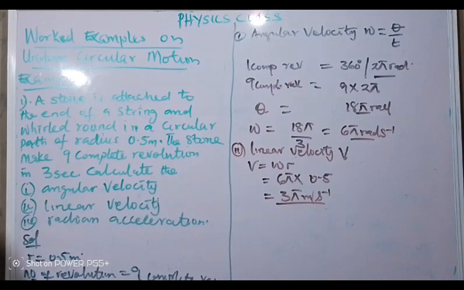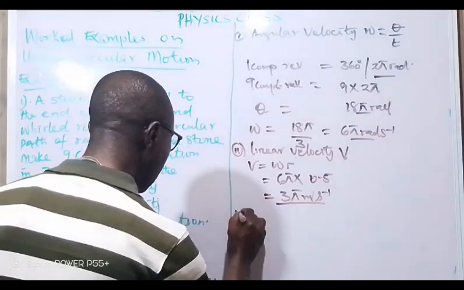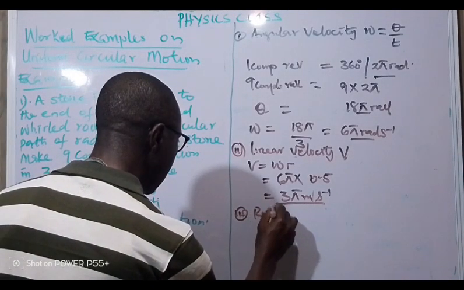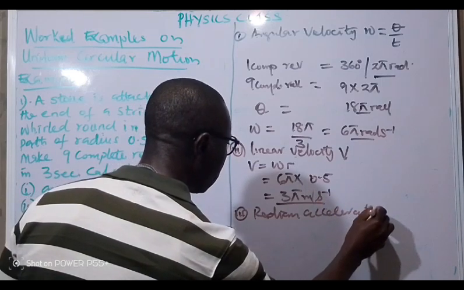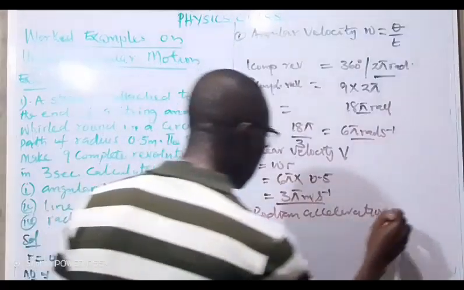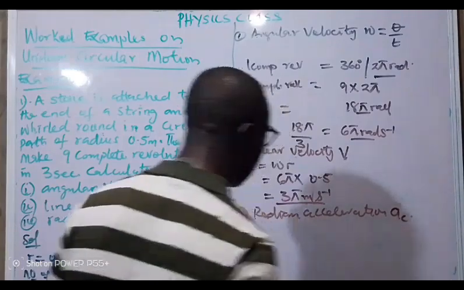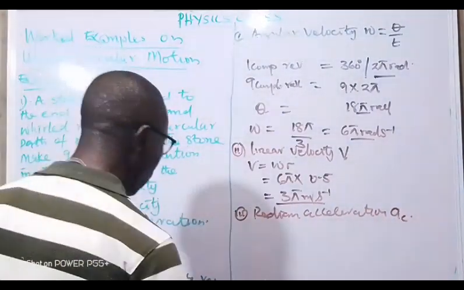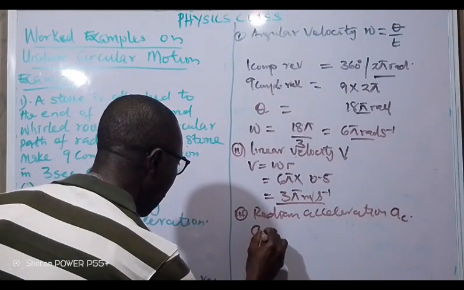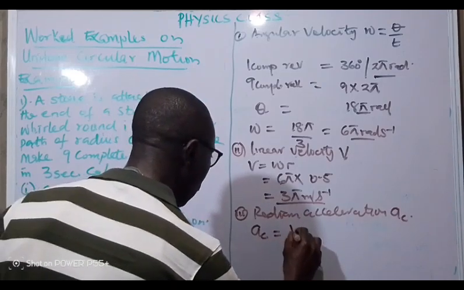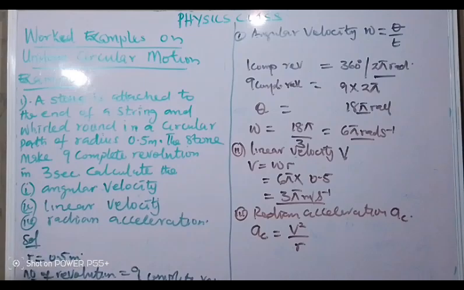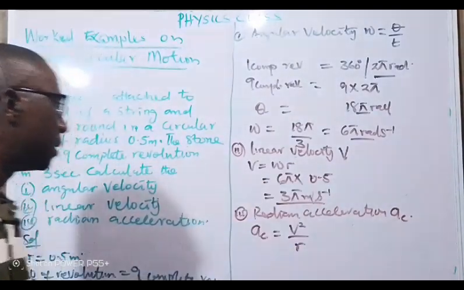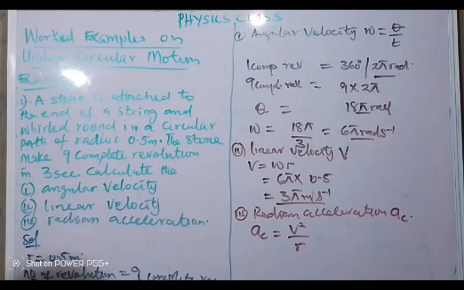Then, question Roman figure 3, which is radial acceleration. The symbol is a_c. From our last lesson, we know that radial acceleration is equal to v squared over r. Here v is the linear speed or linear velocity, r is the radius.